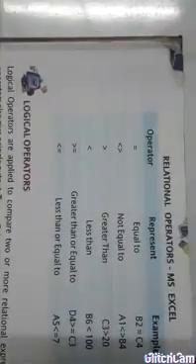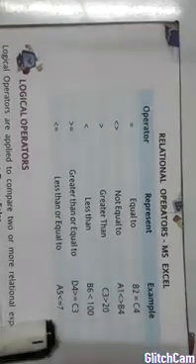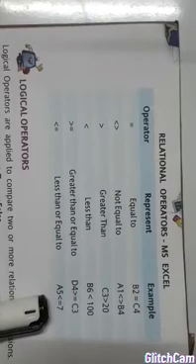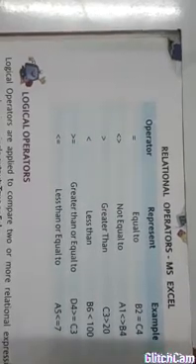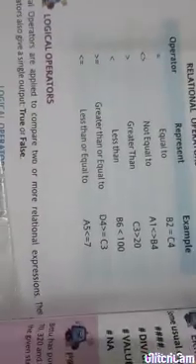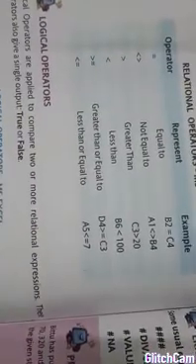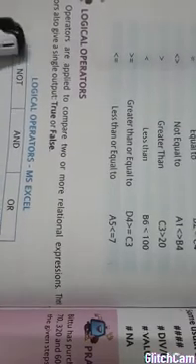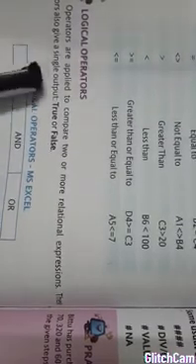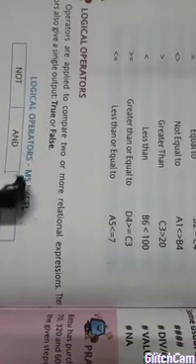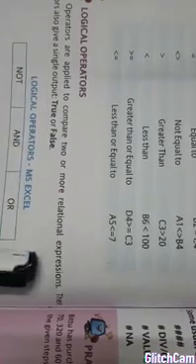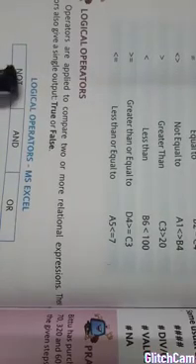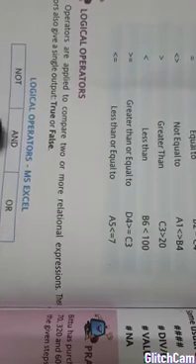In this way we can write only the cell address, or we can write the content or the data. The next one is logical operators. What are logical operators? Logical operators are applied to compare two or more relational expressions. The logical operators given here are not, and, or.